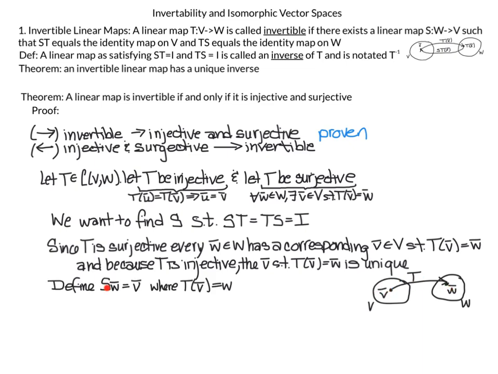And what we're going to do is define our inverse S on W to map back to this same V. So for every T that maps a V to a W, we're just going to define S as mapping back to the V. So S of W equals V, where T of V is equal to our W vector.